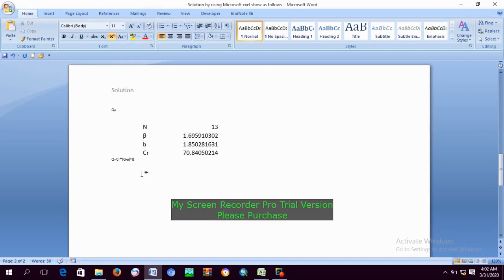The equation for Q can be expressed using this formula. Q is equal to 70.84 times (G minus 35) to the power of 1.6959.